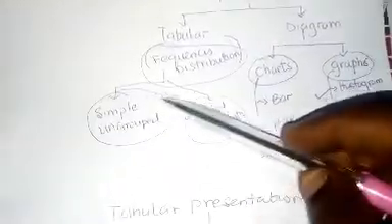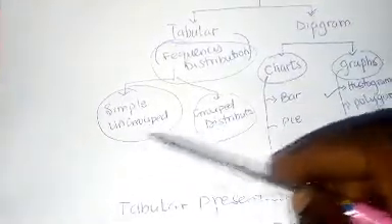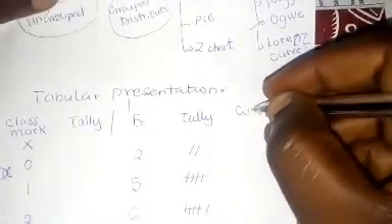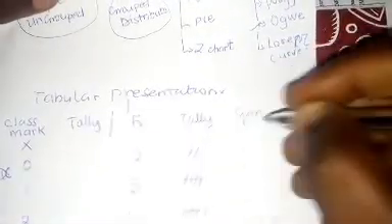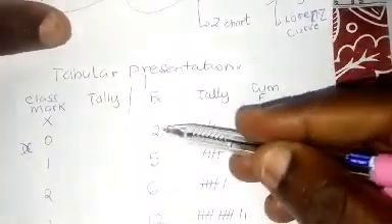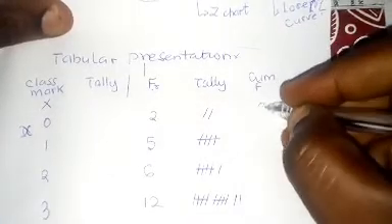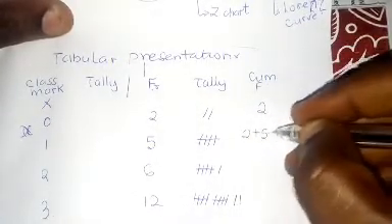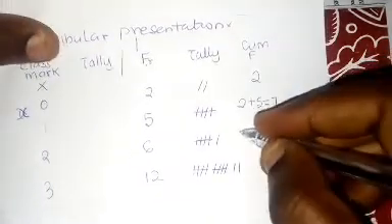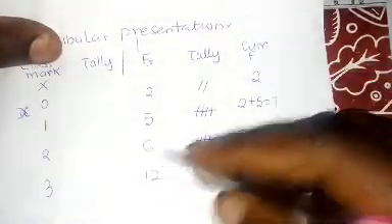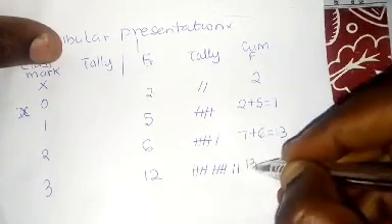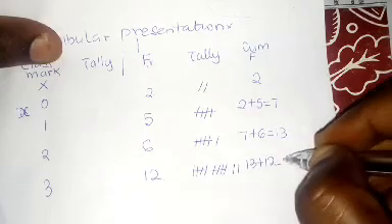So this is known as a simple or group frequency distribution. You can be asked to calculate the cumulative frequency distribution. That's when you add, for example, 2, then 2 plus 5 gives you 7, then 7 plus 6 is 13, then 13 plus 12 gives you 25.